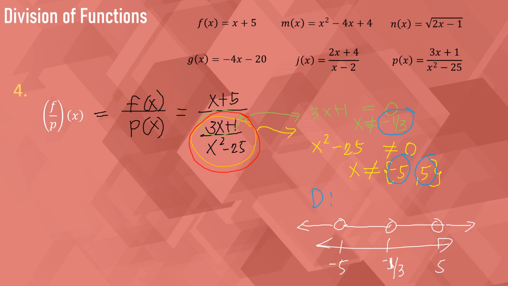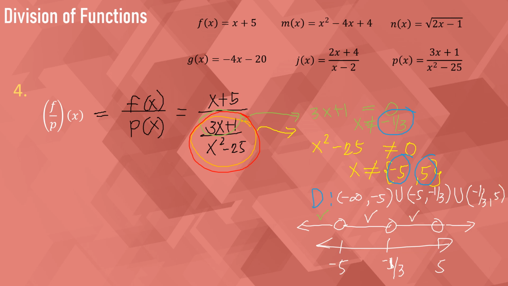Okay, kukunin natin ang all real numbers less than negative 5. So, ito yun. Union, all real numbers between negative 5 and negative 1/3. So, ito naman yung tinutukoy niya. Union, all numbers between negative 1/3 and 5.